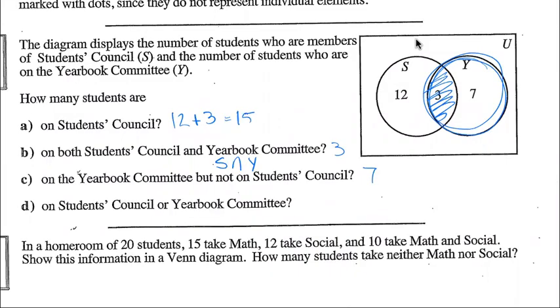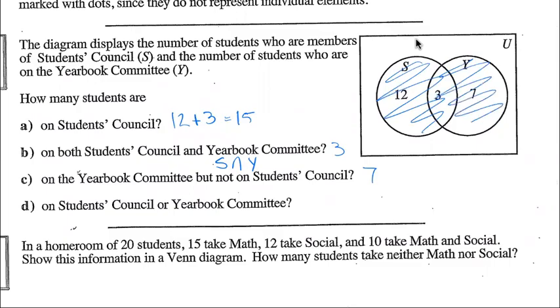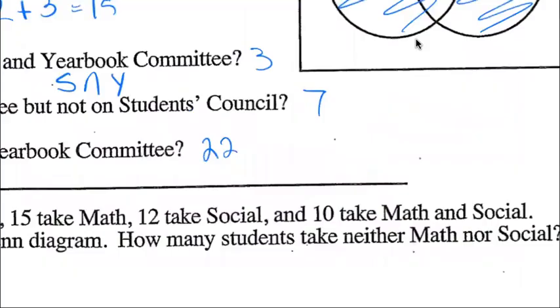Question D, on Students' Council or Yearbook Committee. So let's erase that. Students' Council or Yearbook. So that's all of those. So that's going to be 12 plus 3 plus 7, 22. This one we should know the symbolism for. Students' Council or Yearbook. Students' Council union Yearbook.